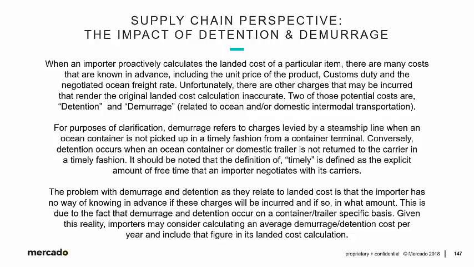Unfortunately, there are other charges that may be incurred that render the original landed cost calculation inaccurate. Two of those potential costs are detention and demurrage. And they are, as we see parenthetically, related to ocean and or domestic intermodal transportation. Intermodal transportation involving truck to rail to truck for final delivery.